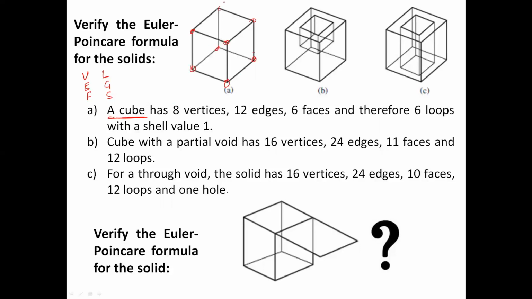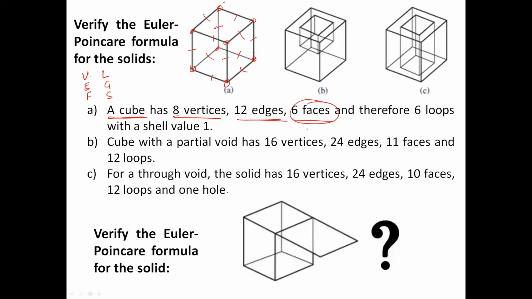Okay? So vertices become equal to 8. How many edges are there? 1, 2, 3, 4, 5, 6, 7, 8, 9, 10, 11, and 12. So there are 12 edges. Okay? How many faces are there? 6 faces are there. That is very easily understood.